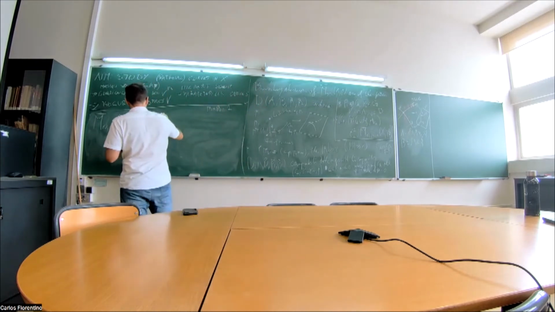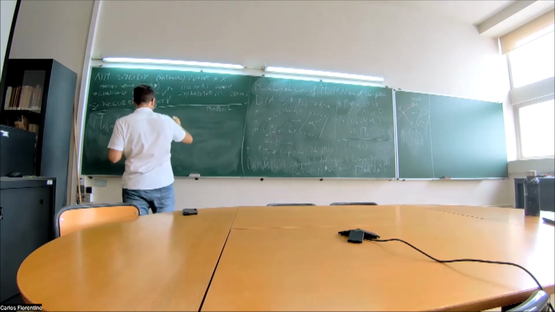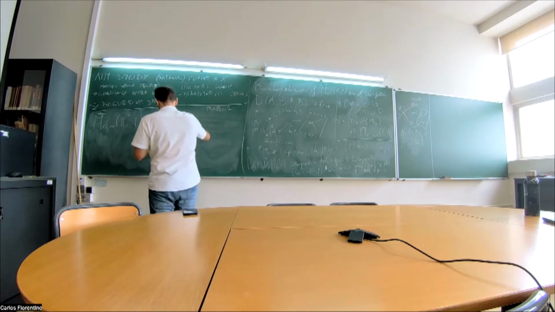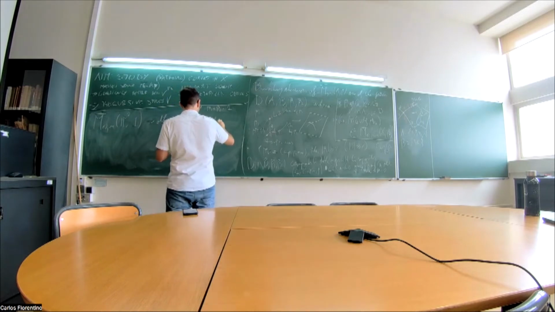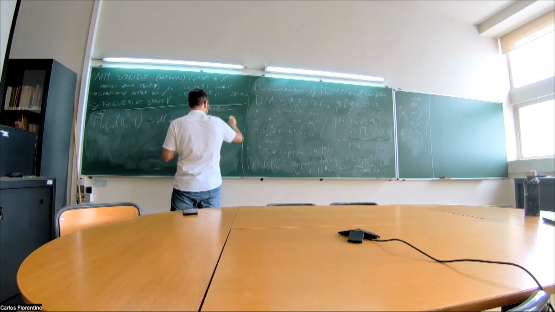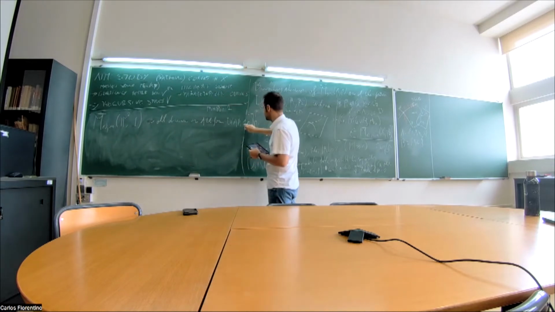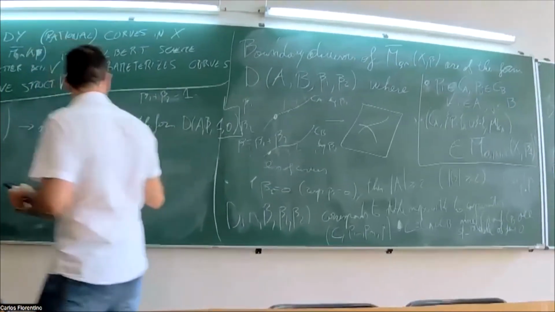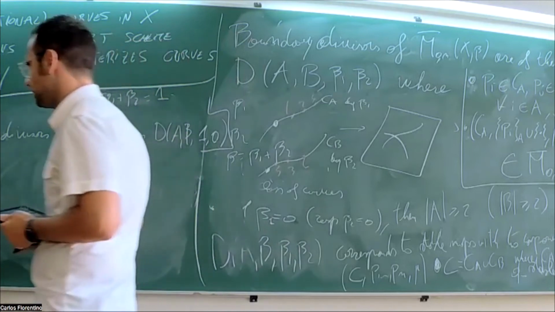So all divisors are of the form D(A, B, 1, 0). But this 1, 0 means degree 1 and degree 0. Okay. And the union of A and B is the set of numbers between 1 and n.